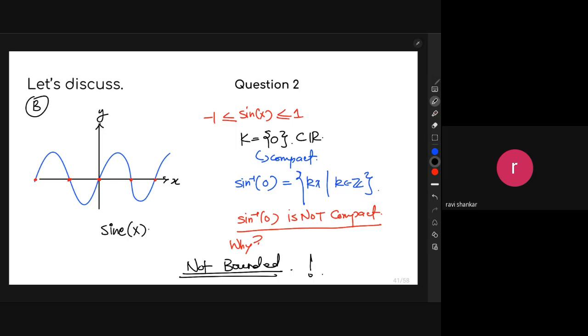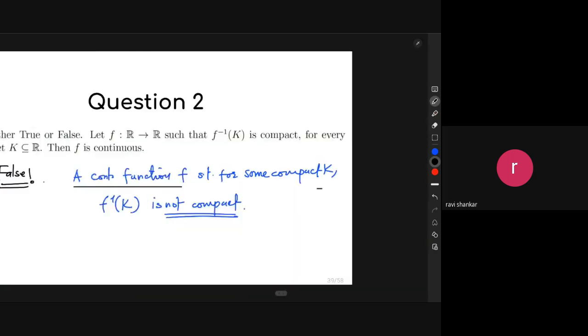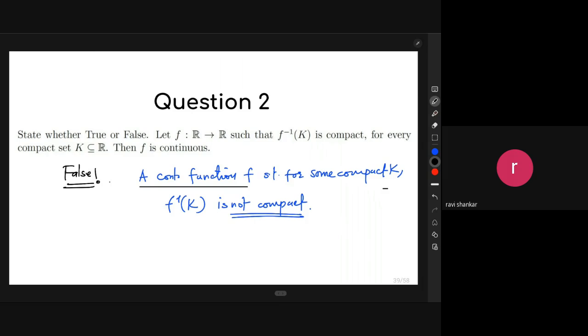So this is another example of a continuous function and a compact set whose pre-image is not compact. I think these two examples are enough for you to understand the behavior of continuity and why this statement is not true.